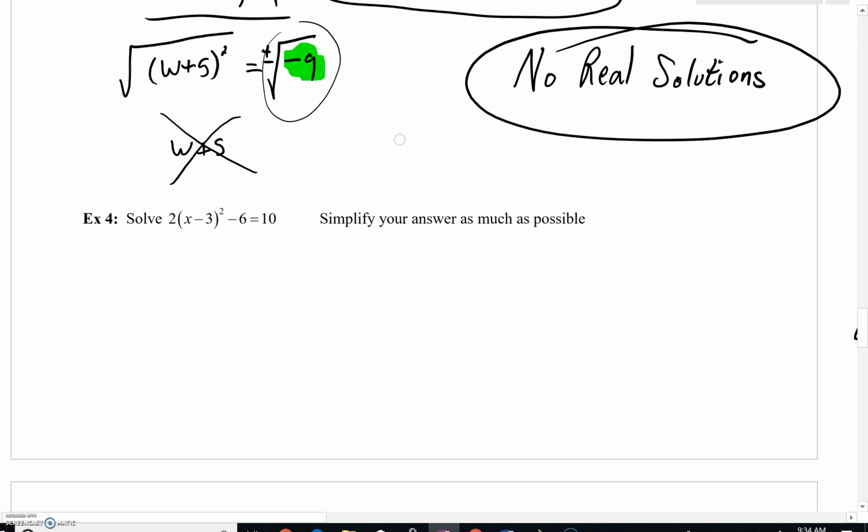As we take a look at our last problem, our ultimate goal is to get this squared term alone. So what you have to do is add a 6. Always get rid of the addition or the subtraction. Then we'll have 16.